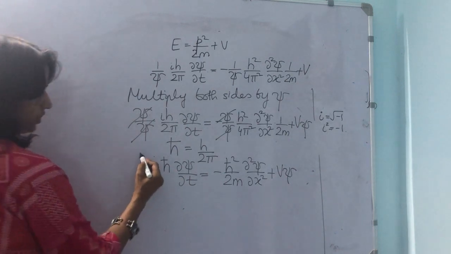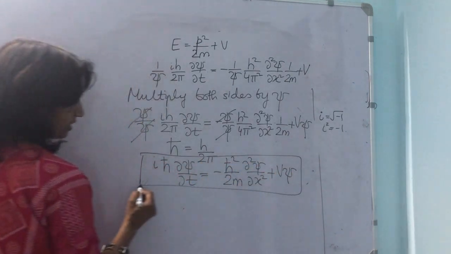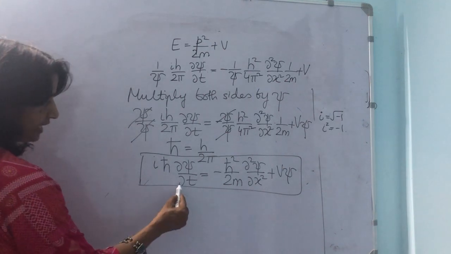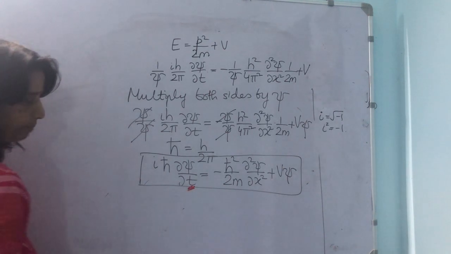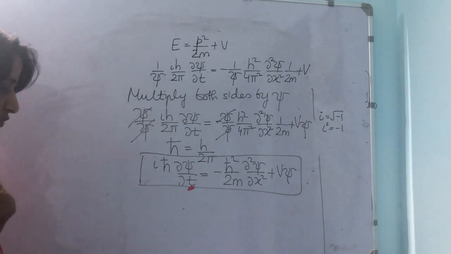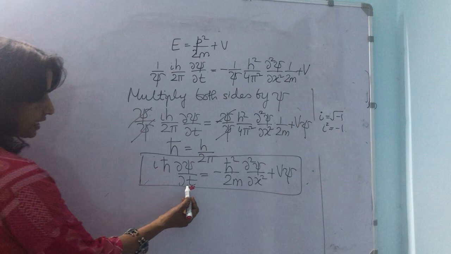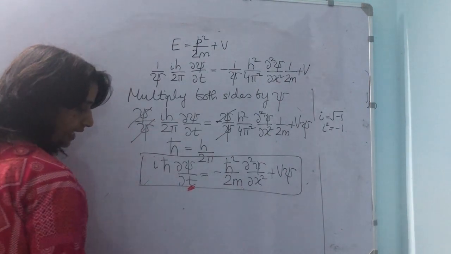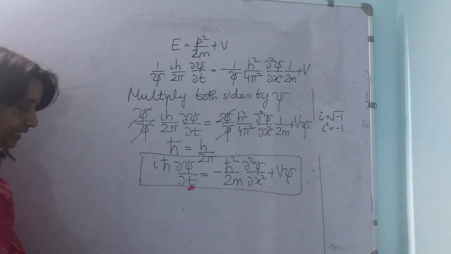This equation is your famous Schrodinger time dependent equation. It is dependent on time, and if a particle is moving in 3 dimensions, then you can write this in terms of x, y, z easily.